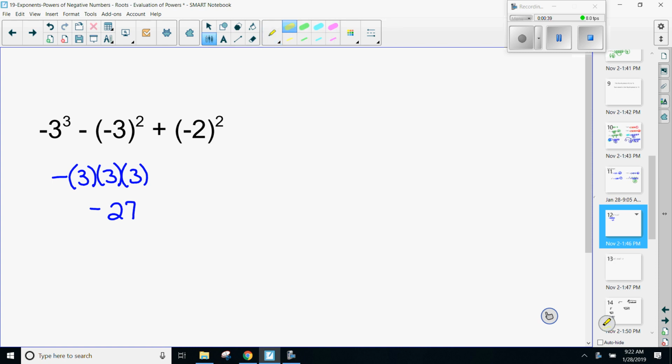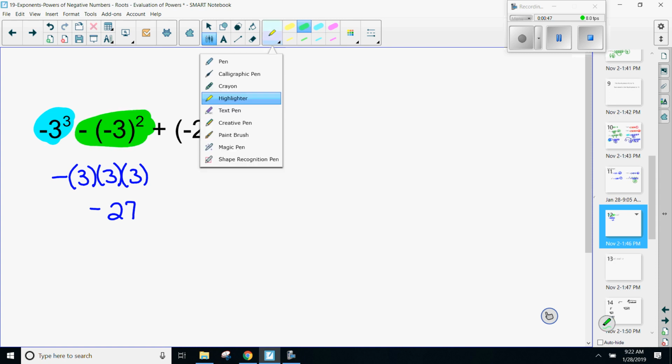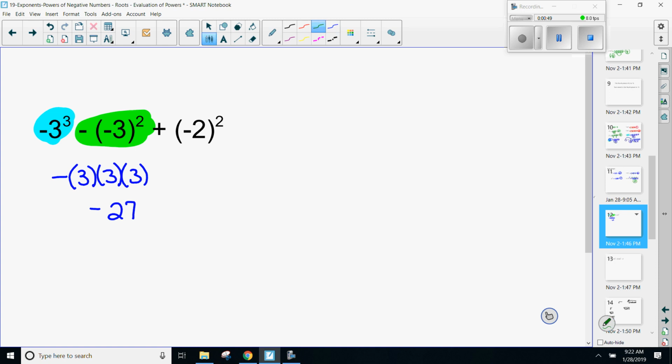So if we just look at this first term right there, that's what's in blue. The next term, if I look at that second term, that happens to be what's being raised to that second power, negative 3. And then I have this minus sign as well. So I have that negative symbol, and then we have negative 3 as a factor twice.